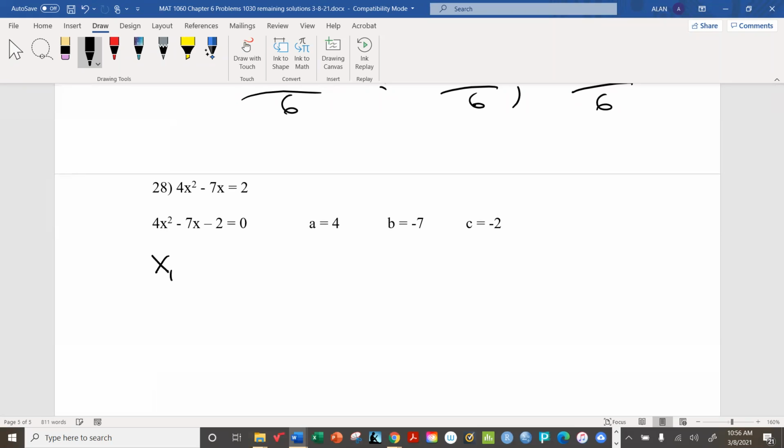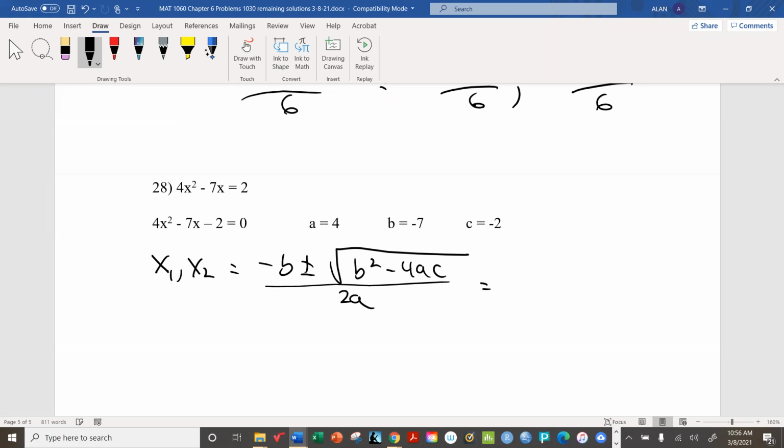So the two x's that we're looking for, the two solutions, are, based on our quadratic formula, okay, let's try this.